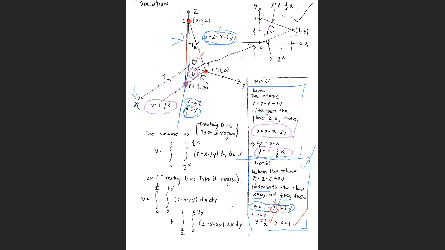And the boundary lines, y equals 1 minus a half of x, and y equals a half of x, are the same boundaries that you see in the diagram here, the same boundary equations.